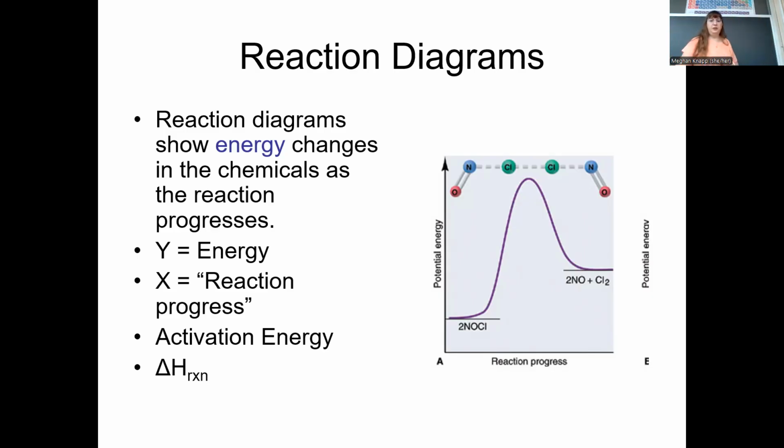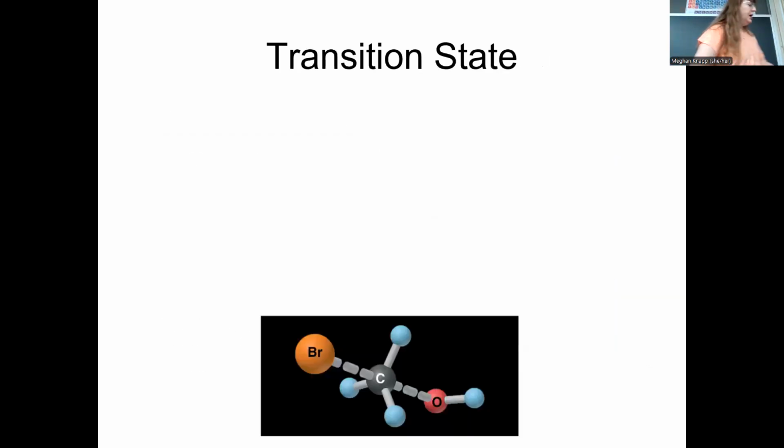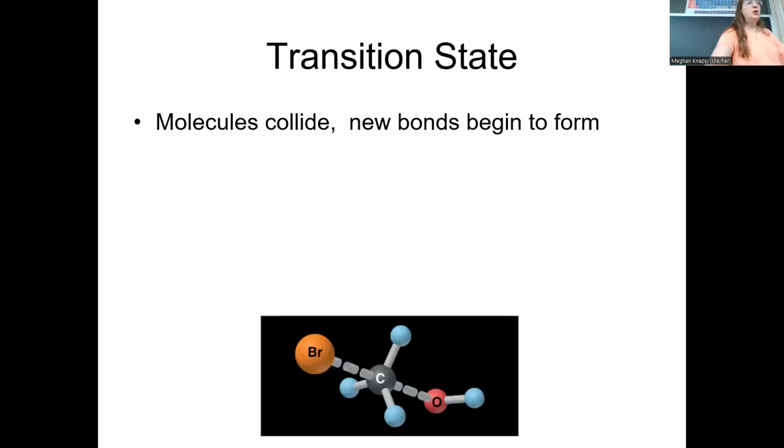Endothermic. Okay, now at the top of the hill, we have what is called the transition state. So the transition state is where we have our molecules colliding and they're transitioning between being the reactants and the products.